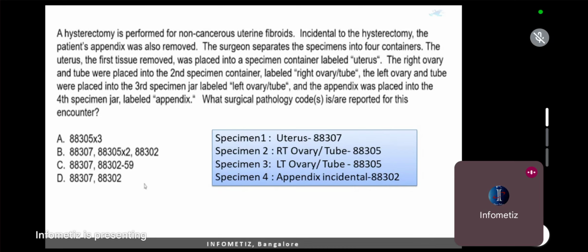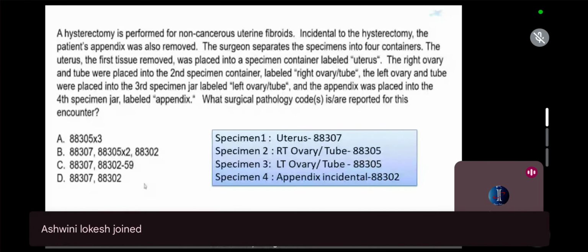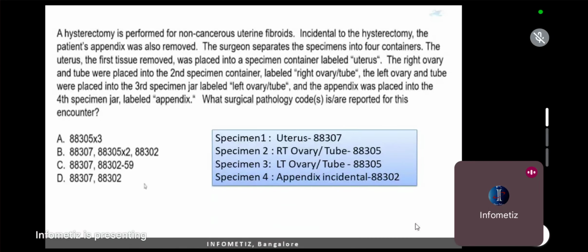Don't consider like this. Here we have 4 separate specimens, so 4 codes. So can I eliminate option A as well as C and D? A, C and D are eliminated.